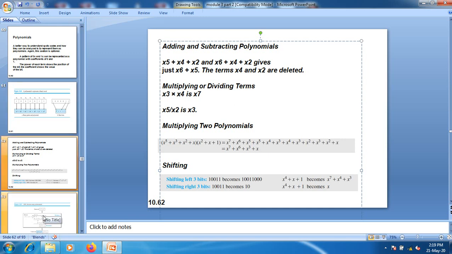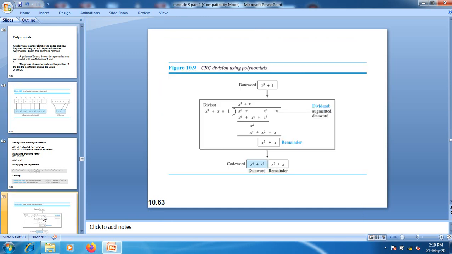We will go through the same example of how the polynomial can be used to compute a code word.